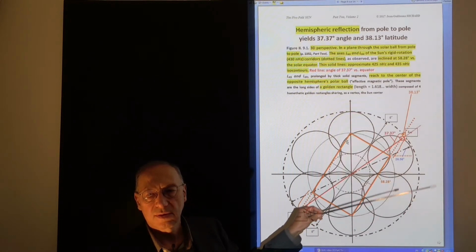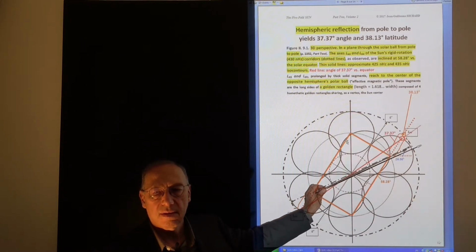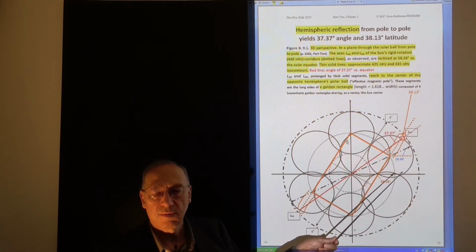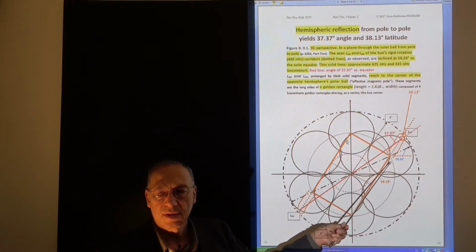This is because we have here a dash-dotted line, which shows the inclination of the center of this ball versus the equator, which is 26.56 degrees.